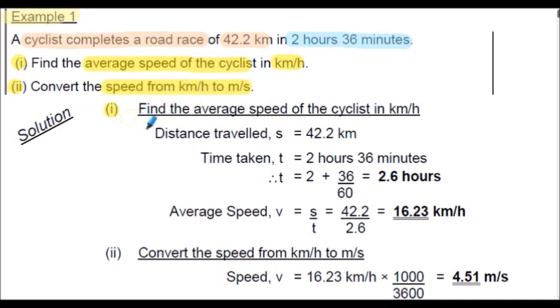So here's part 1 solution, finding the average speed of the cyclist. We know the distance travelled was 42.2 kilometers. Time taken was 2 hours and 36 minutes. Notice I've converted that into a decimal here, so that's 2 plus 36 divided by 60. There are 60 minutes in an hour, so that evaluates to 2.6 hours.